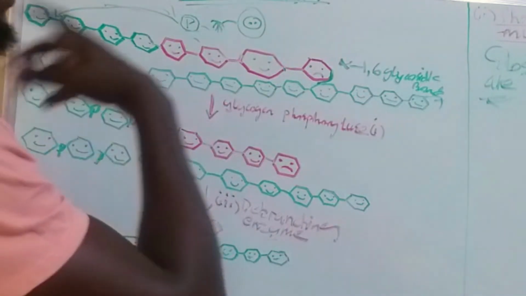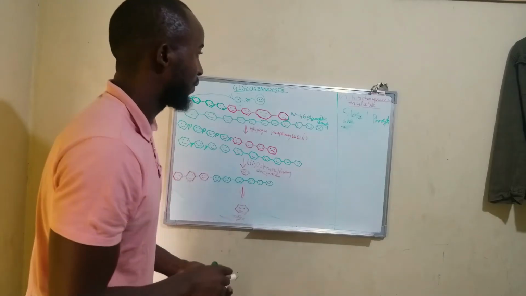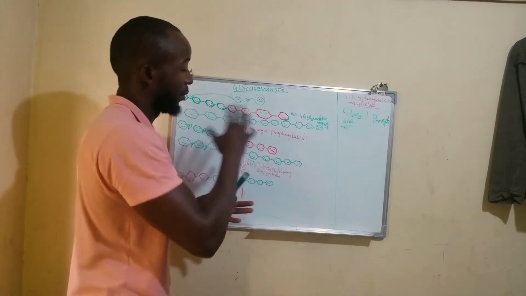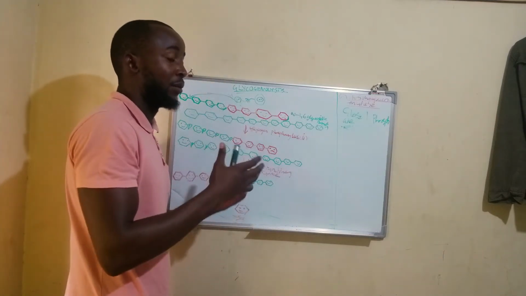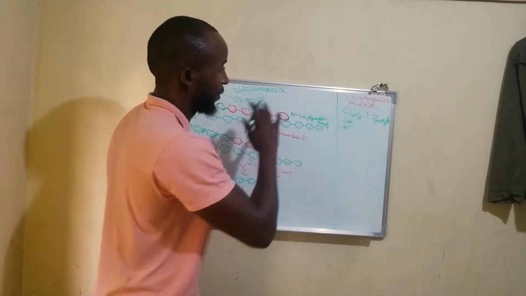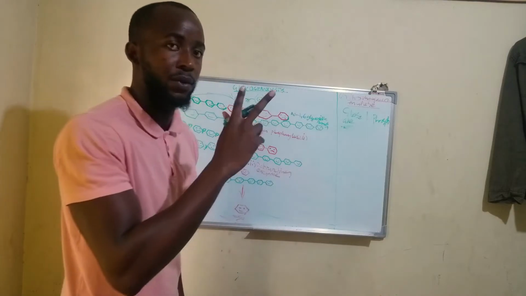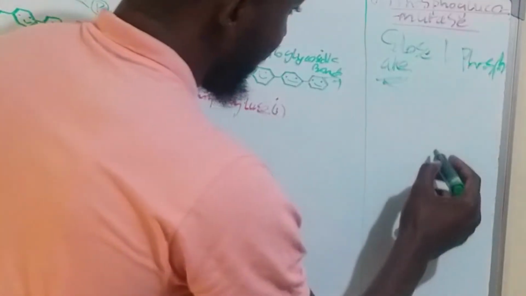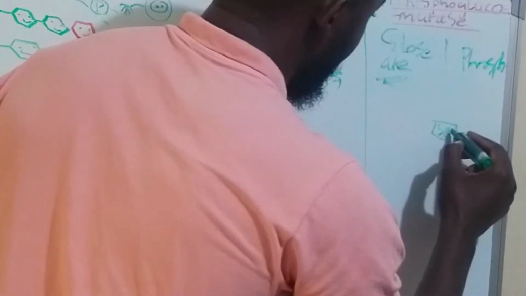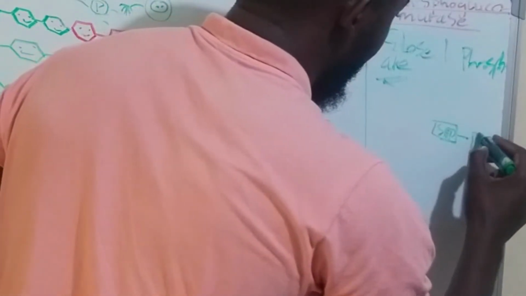And this is where the second enzyme comes in, which is phosphoglucomutase. I'm going to go into a little bit more of the mechanism. Phosphoglucomutase is formed of 2 things: it has what is known as a serine residue attached to a phosphate.